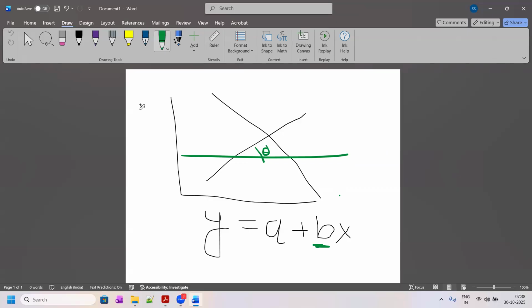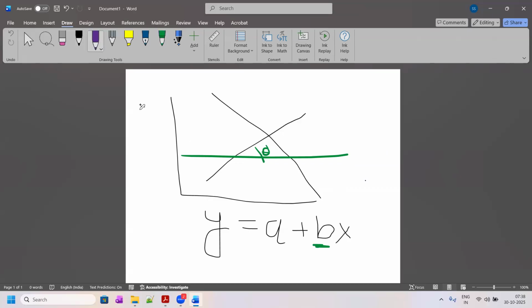You can ignore that, but just remember that y is equal to bx, where b is the slope of the regression line. When you see this equation, you are getting a relationship between two variables. What are the two variables?